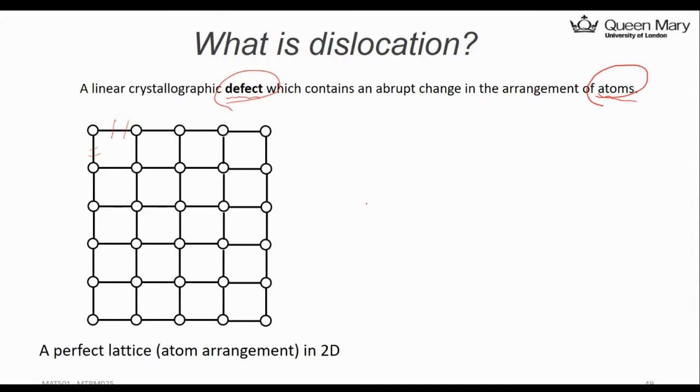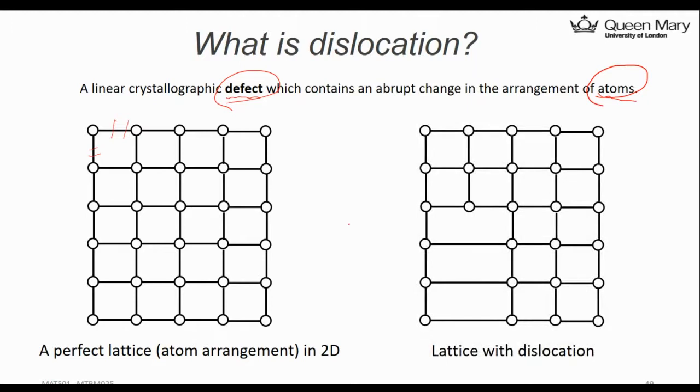How about if you have a lattice with dislocation? What happens is, if I remove these 3 atoms here, due to some manufacturing defect, I have a small grain without these atoms. Now you can see there actually is a defect here: missing atoms.